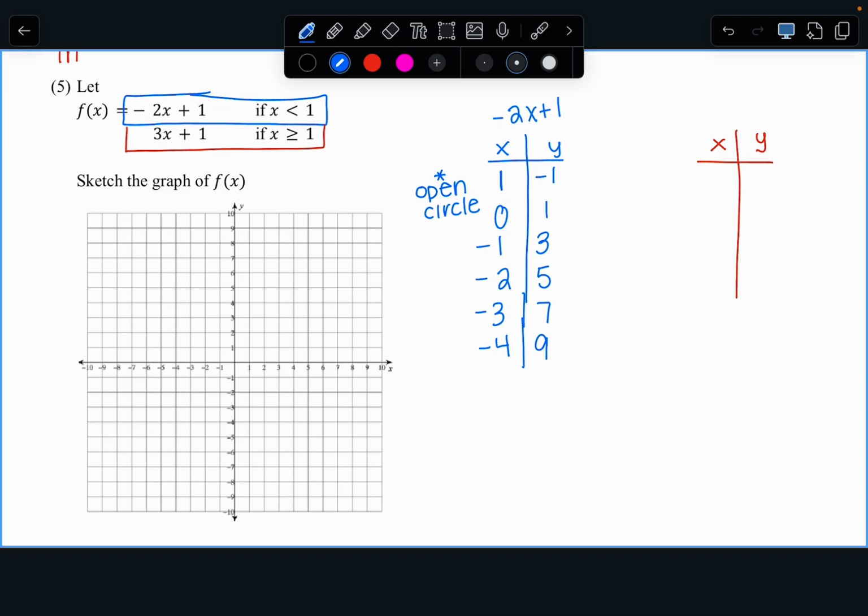So let's go ahead and put those on our graph. (1, -1), again, is an open circle. So I put an open circle on my graph at that spot. Then we have (0, 1), (-1, 3), and so on.